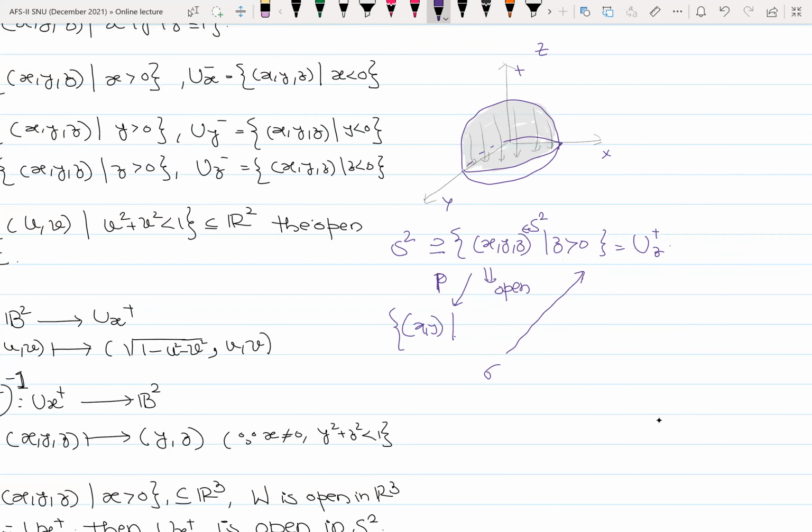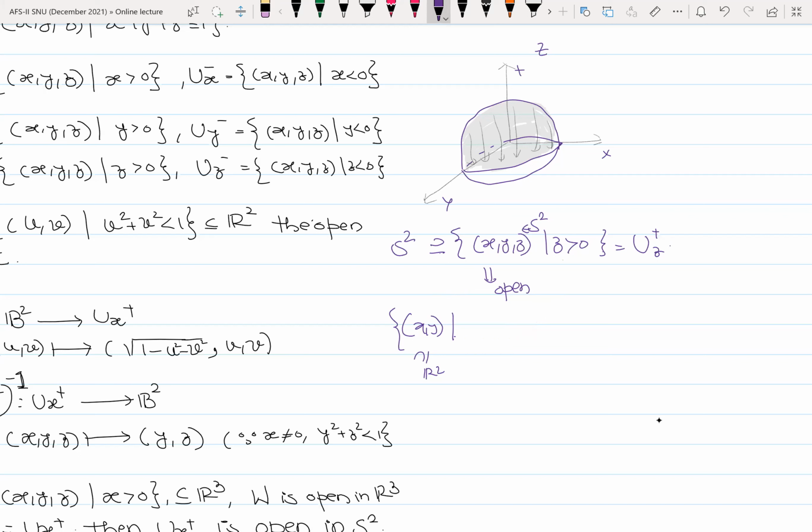So I'm doing this projection map. Oh, I should call it sigma because we have sigma as a notation. Where will it go? This is inside R2, that is correct, but what condition will I get here? x square plus y square is less than 1.